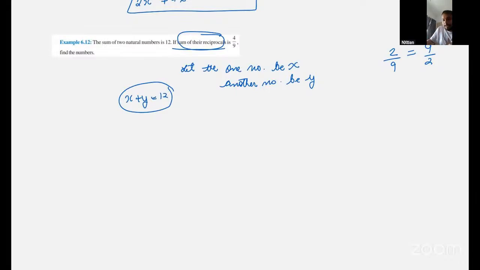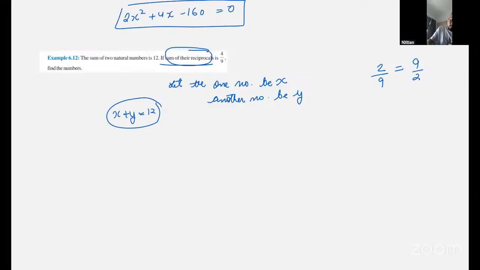Okay, what is the reciprocal of x? Oh, 1 by x. Yes. So it will be 1 by x plus 1 by y equals 4 by 9. Everyone got this? This is the reciprocal sum.